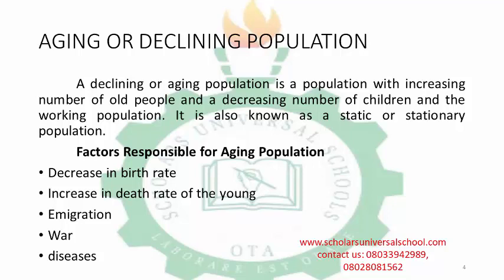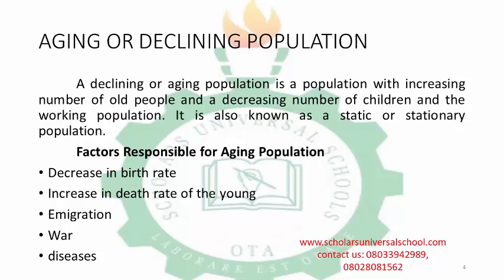So this is another factor that can contribute to having a declining population, where so many young people are leaving their country for greener pastures. So we end up having older people in that country, because the younger ones have all departed to other countries or to other regions.